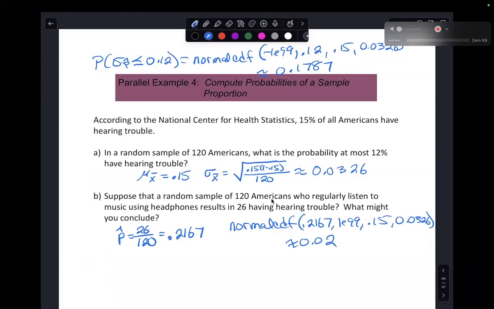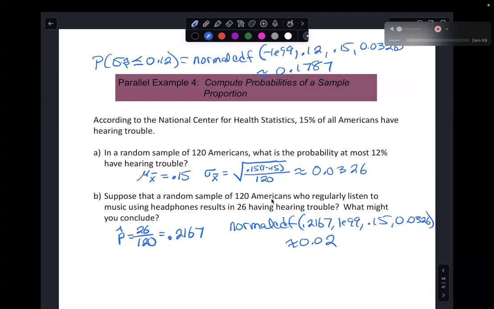I was going to ask you if you could repeat that rule of thumb. Okay, for example, my p hat here is greater than my population proportion. Because it is greater than, I'm going to do greater than or equal to in my calculator.